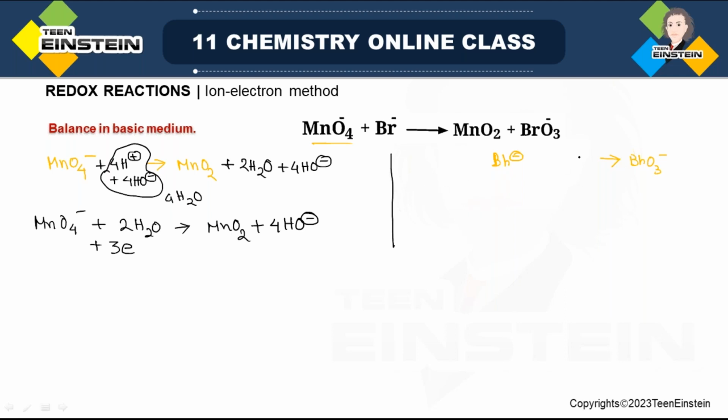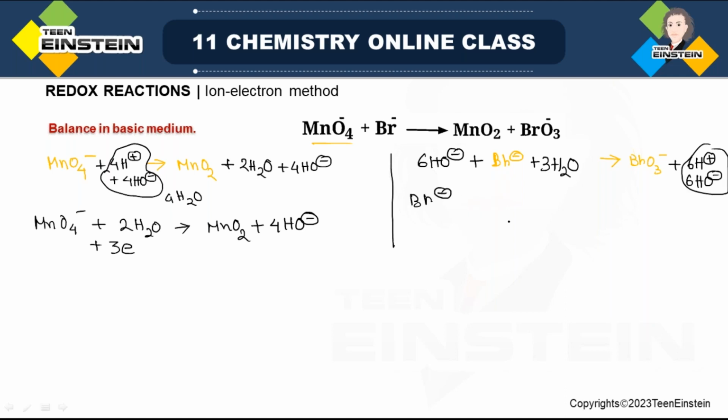Other part, first balance the oxygen, BrO3 minus. So you have to write 3 water. Now when you have added 3 water, you have to write 6H plus. To balance H plus, as it is basic medium, 6HO minus both sides. Now finally, how will it change?